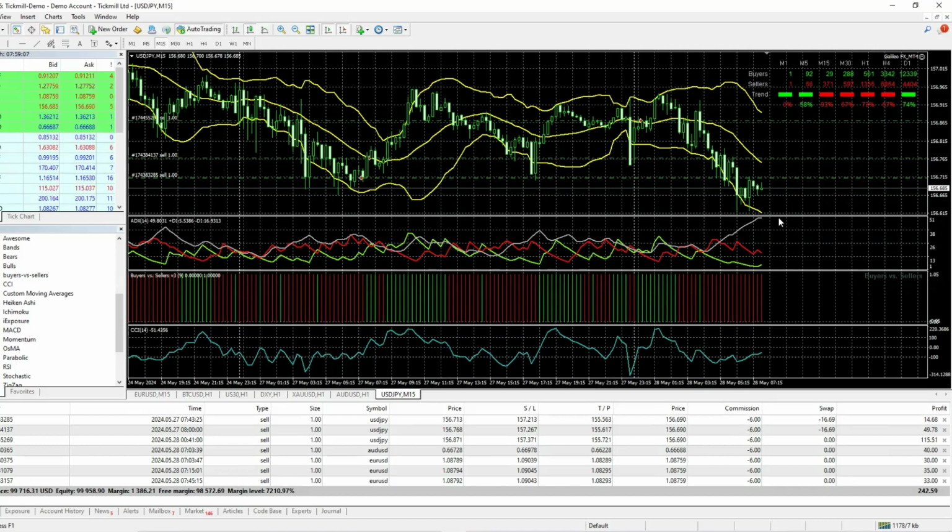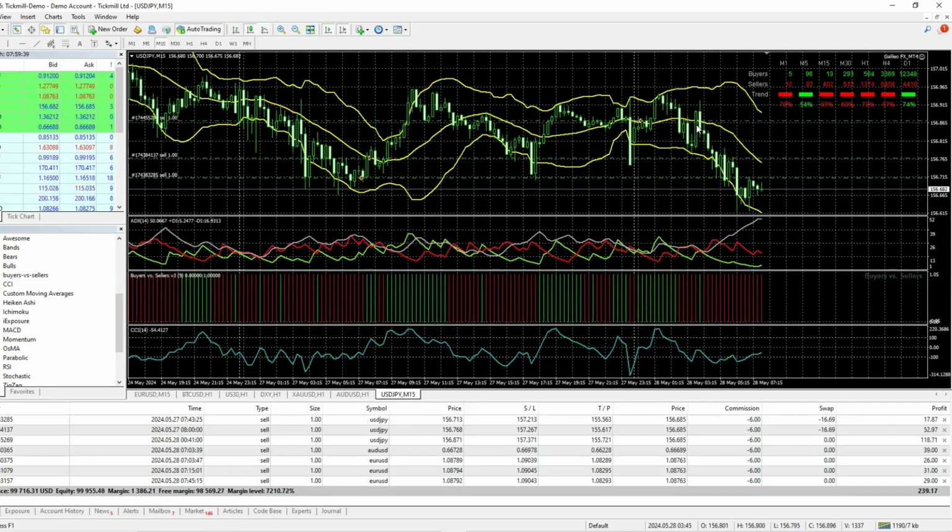So I'm a big fan of Bollinger Bands, and the reason why is because Bollinger Bands give you a visual on volatility. They show you the overbought and oversold areas, and they also give you trend and value. So this band in the middle represents the value and also the trend.